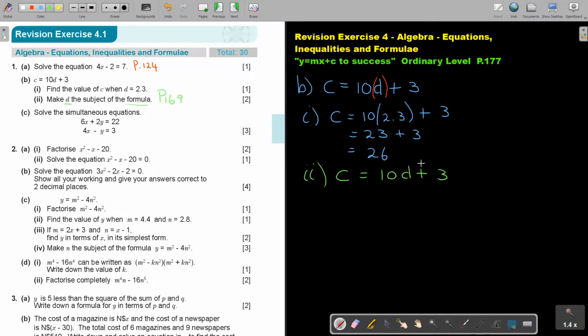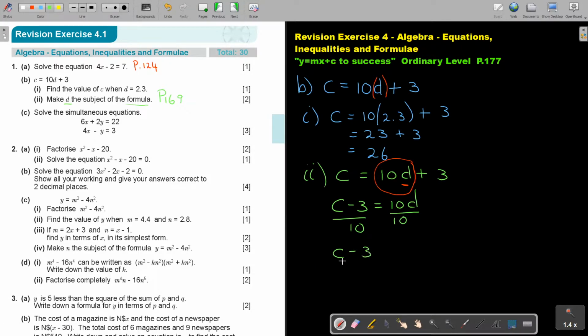Now, who must become the subject? This one must become the subject. So first leave this term on this side and then take this over. So to cancel that side, it's minus 3 on the other side. And now I can just say I divide by 10, and therefore, I'm swapping the sides. Okay, but for now, let's do it like that.